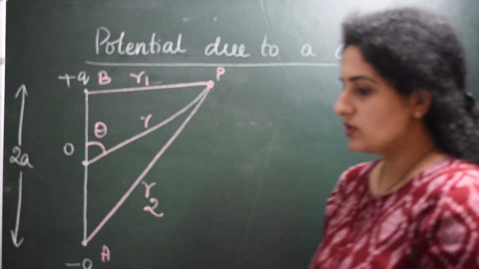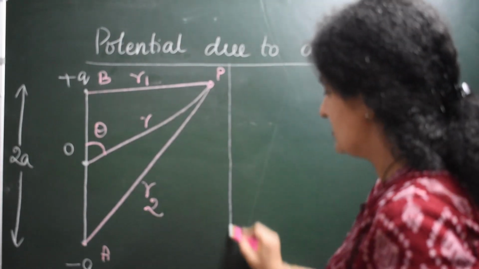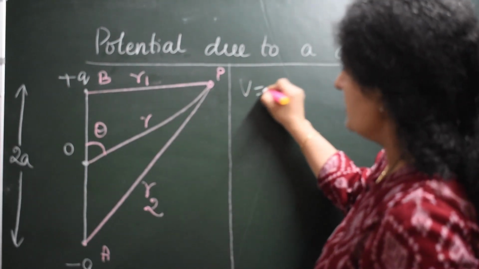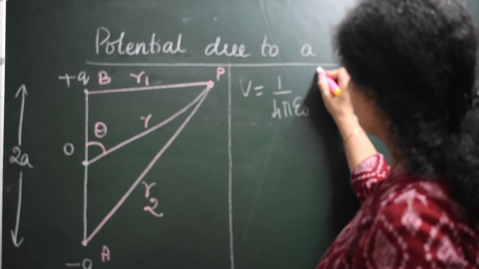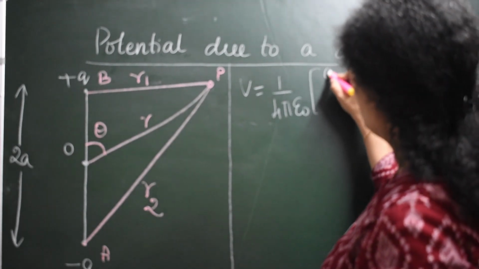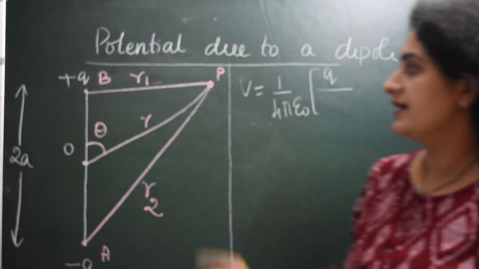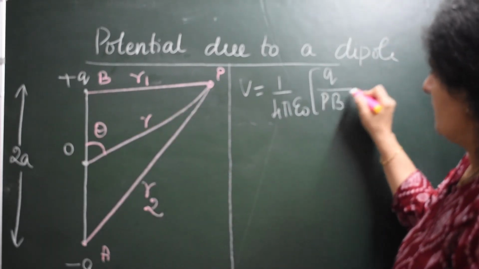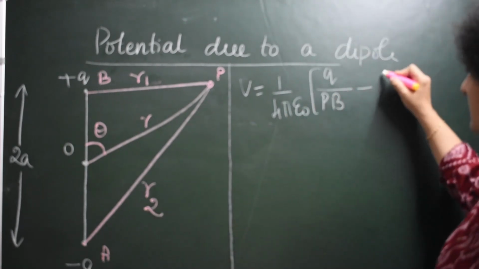So now what will be the total potential? Here onwards I will start with the derivation. V is equal to 1 by 4 pi epsilon naught into q divided by PB, plus minus q divided by PA, so I write minus as a whole.